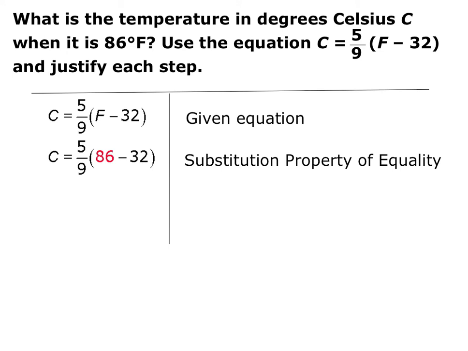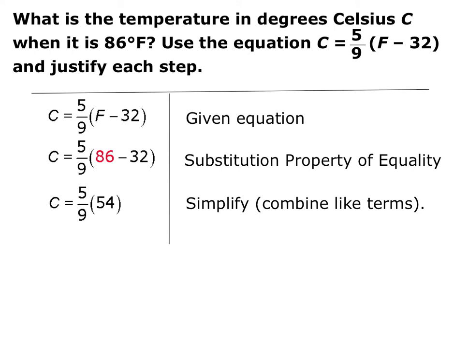Next step. Now you just need to do some calculating, right? So what's the first calculation you do? Okay, the subtracting probably, the parentheses. So simplify by, I call it combine like terms, you could just say subtract, so all parentheses. Okay, and then the next step, multiply, and that's simplifying. It's not the multiplication property of equality, you're just simplifying by multiplying.